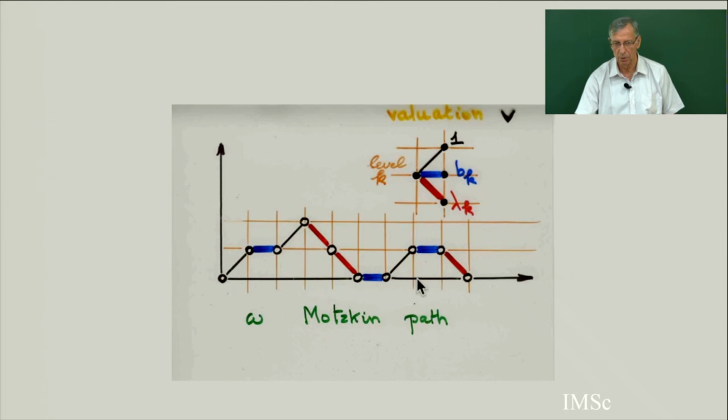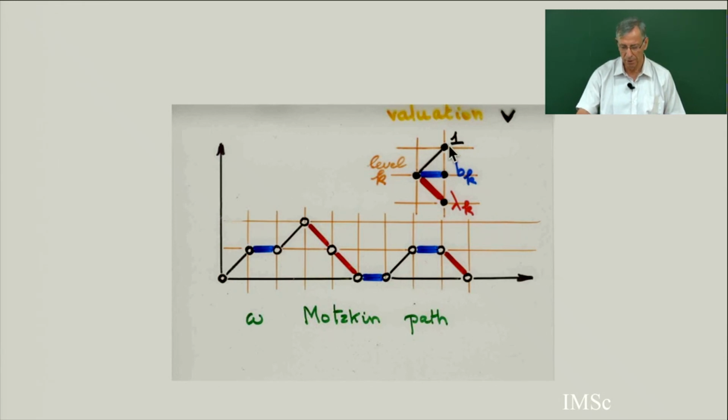All these points stay above the 0 level, and at the end you go back to the 0 level. It's called a Motzkin path because it's counted by Motzkin numbers, which are close to Catalan numbers. If you take a Motzkin path without level steps, with only northeast and southeast steps, then you get a Dyck path, and the number of Dyck paths of length 2n is a Catalan number.